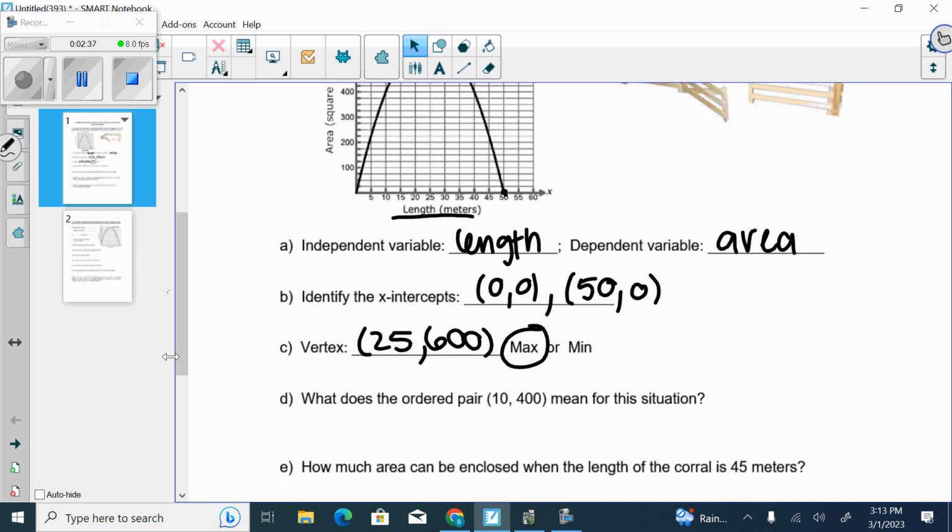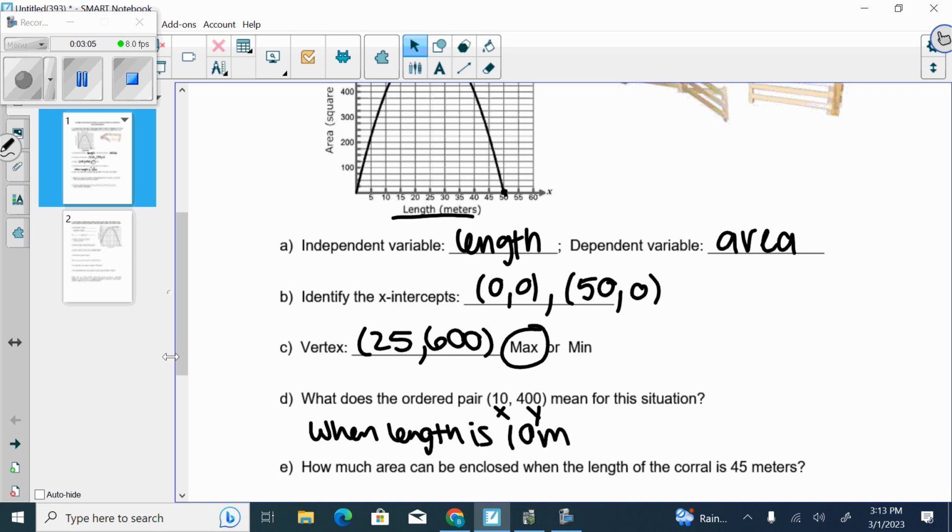So in an ordered pair, the first number represents what letter? X. And the second represents Y. Okay, and what did we say that our x-axis is labeled? Length. So that means when the length is, they said it was 10, right? So 10 meters.